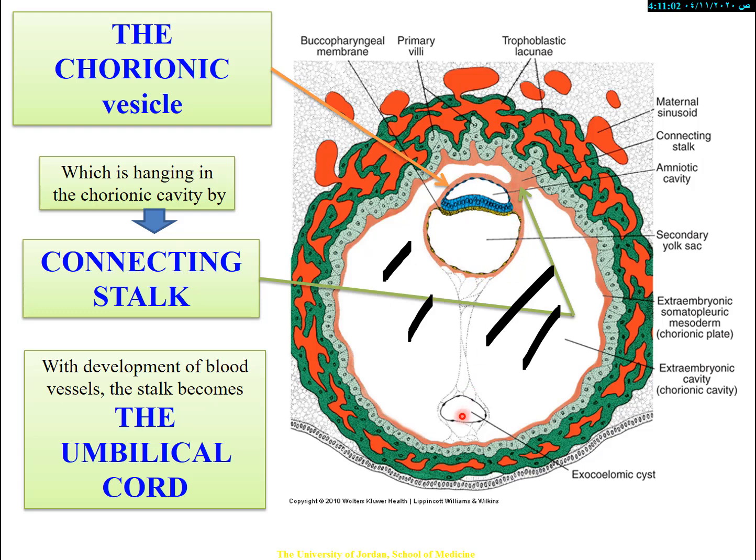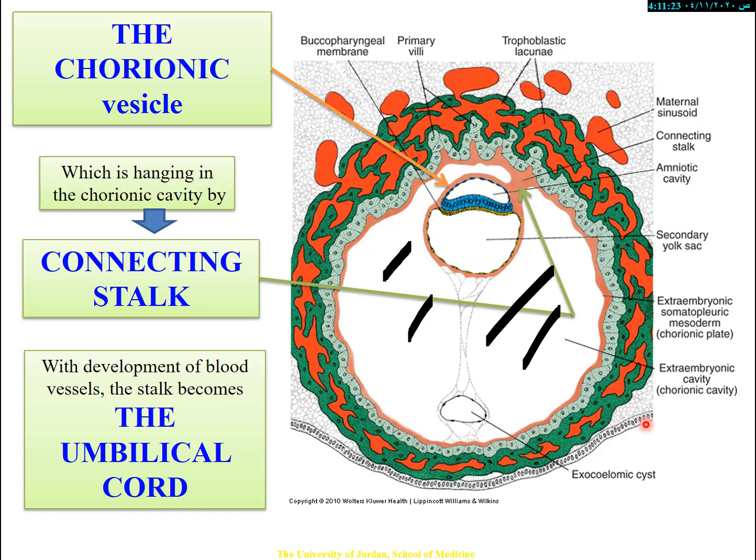So we have two cavities. This is the amniotic cavity, and a secondary or definitive yolk sac. They are hanging through a connecting stalk in a chorionic cavity, and they all were just inside the wall of the uterus.